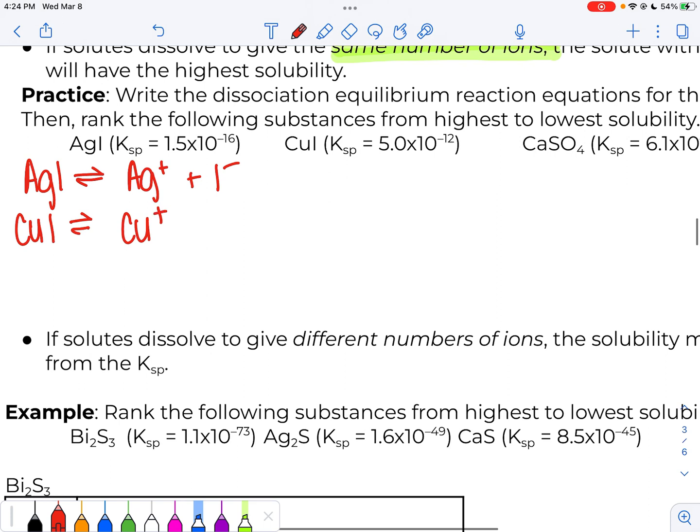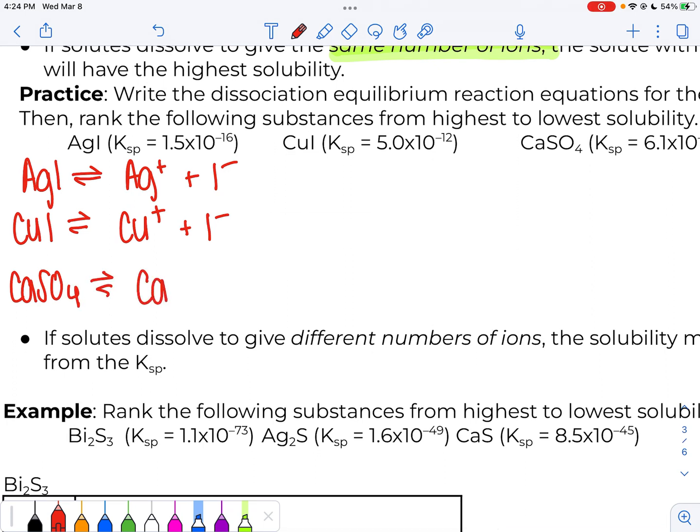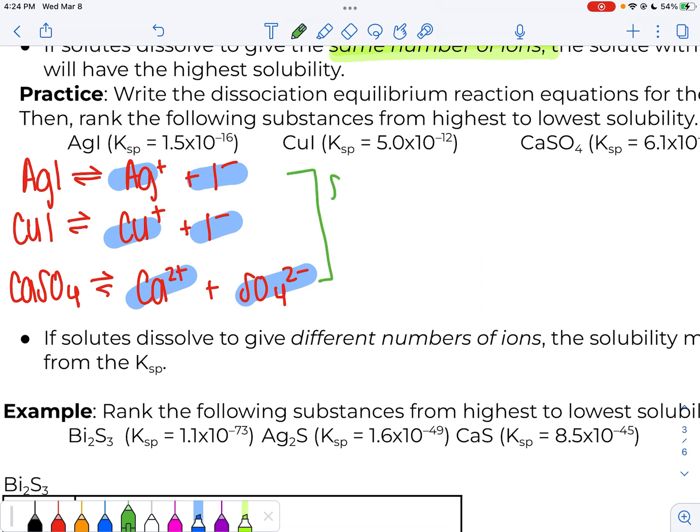Copper 1 iodide will produce its ions Cu+ and I-. And calcium sulfate will dissolve to produce calcium 2+ and sulfate 2-. So how many ions are we producing in each of these reactions? 1, 2, 1, 2, 1, 2. So we're producing the same number of ions.